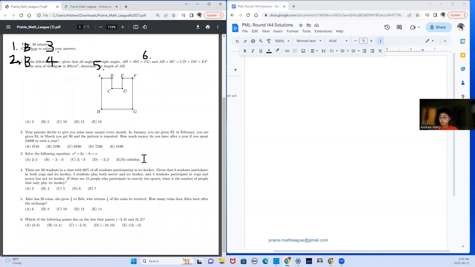Solve the following equation. x squared plus 2x minus 6 equals x. So let's begin. We have x squared plus 2x minus 6 equals x.